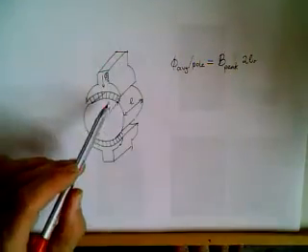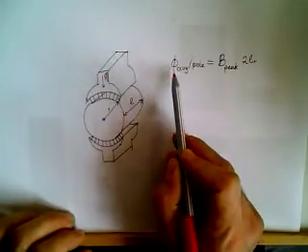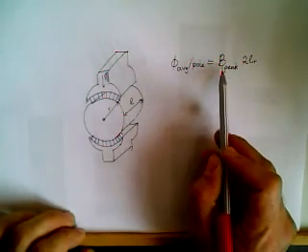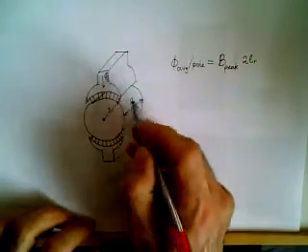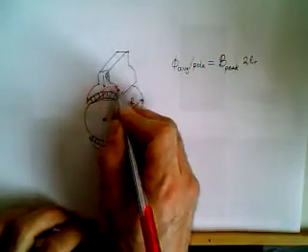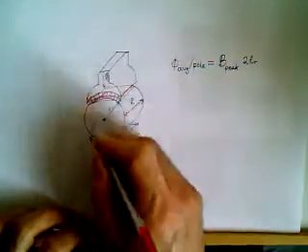And there is a definition of average flux per pole, which is the flux under this area.